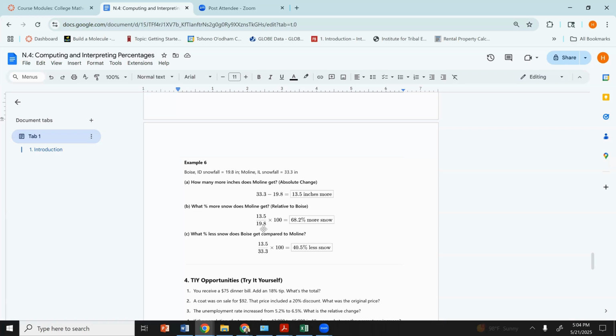So 13.5 divided by 19.8, that means the 13.5 more divided by the original figure for Boise, times 100, is going to give us the percentage more. Which means Moline gets about 68.2% more snow compared to Idaho.